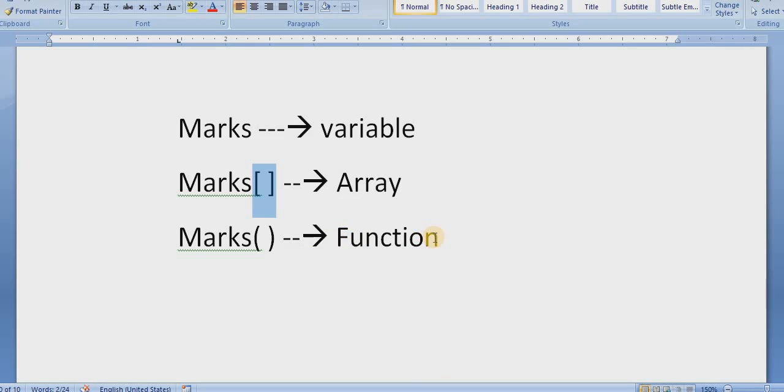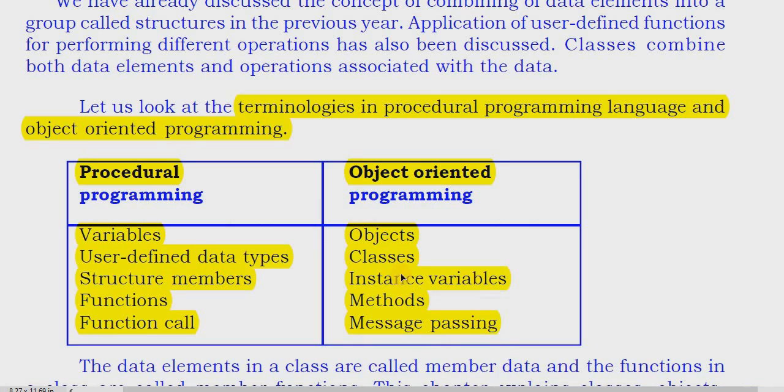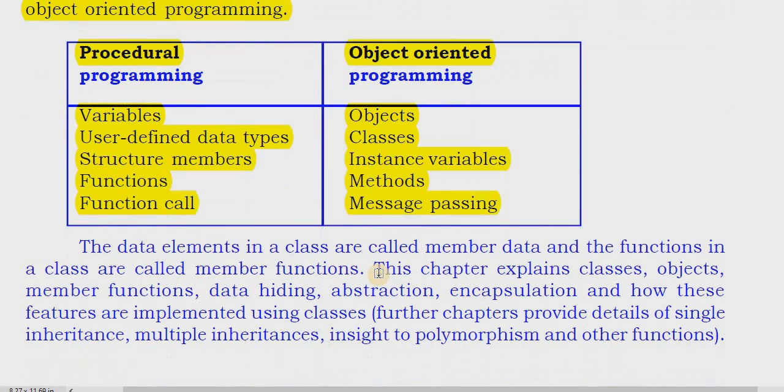So function means, now in object oriented programming language, function means method. Function is also called as methods. Okay, now let us see. Okay, one more thing, the data elements in a class are called as data member or member data.